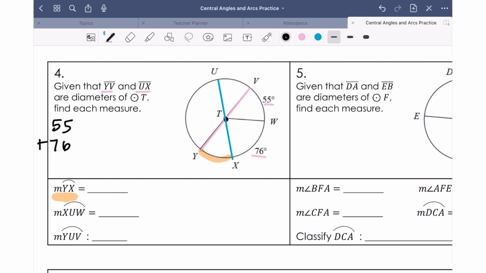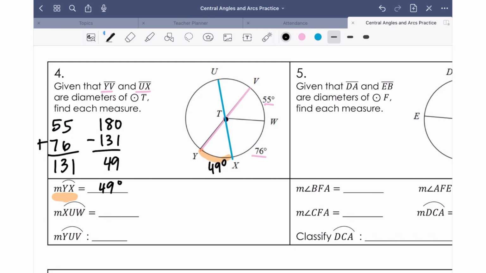That gives me 131. And subtracting it not from 360, but from 180, because that's half a circle, which gives us 49. So this arc is 49 degrees.